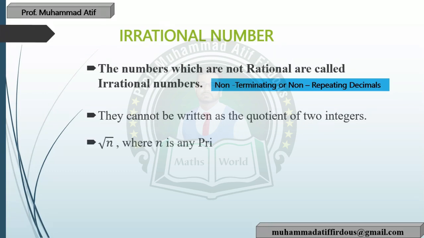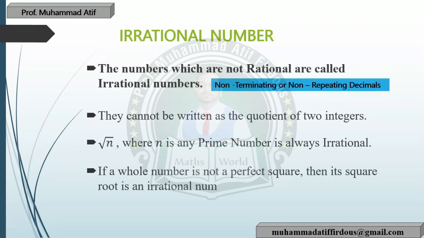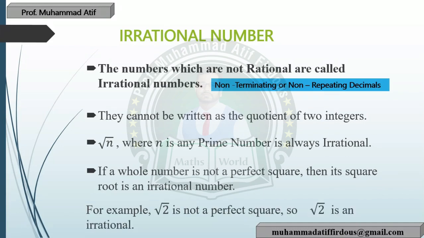And the third one is the square root of any prime number. Suppose n is a prime number, the square root of any prime number is an irrational number. If a whole number is not a perfect square, then its square root is an irrational number. For example, root 2 is not a perfect square, so root 2 is an irrational number. Got it?